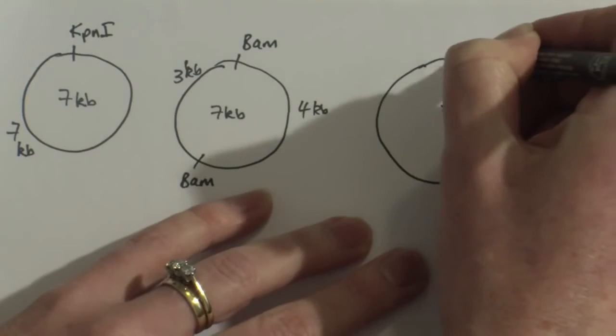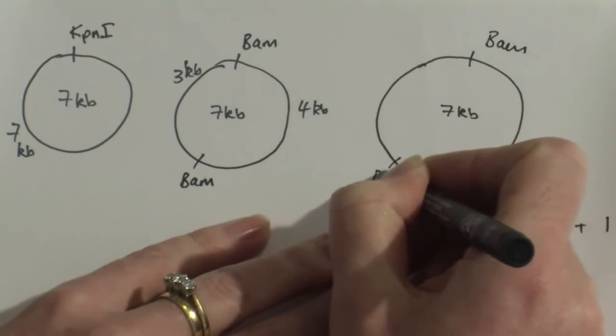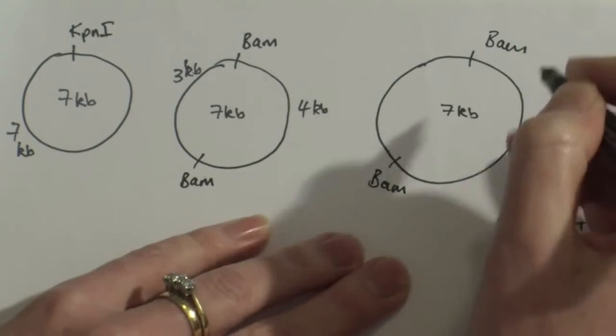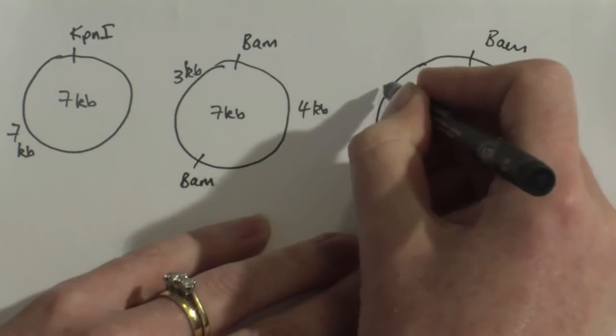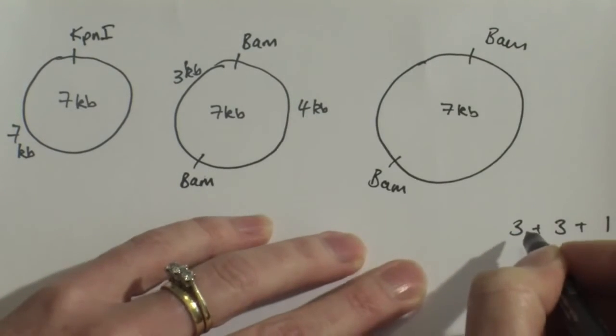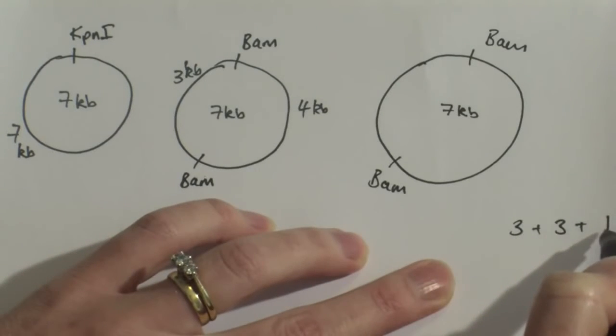So my BamHI is going to cut here and here, and that still gives me a 4 kb band here and my 3 kb band here. Now the bands that I got from my double digest were a 3 kb, a 3 kb and a 1 kb.